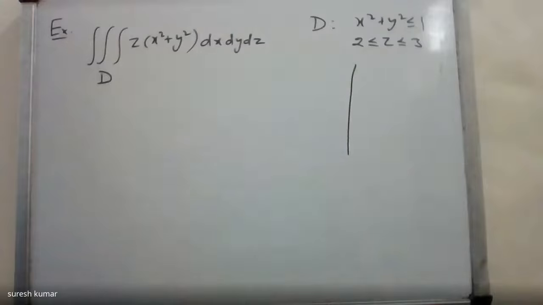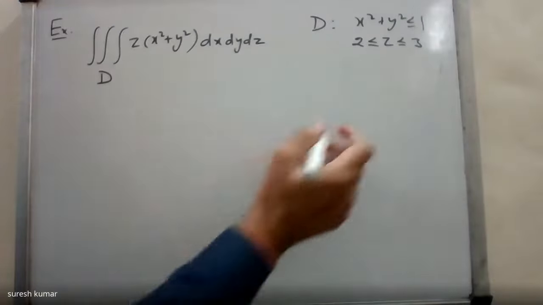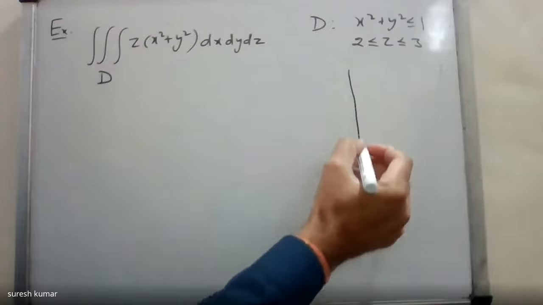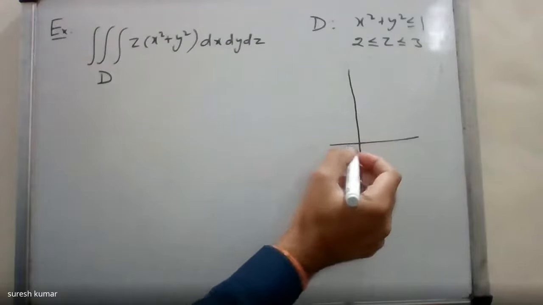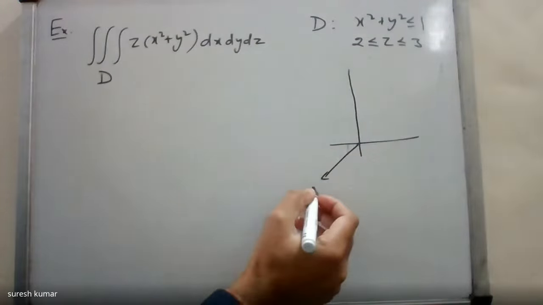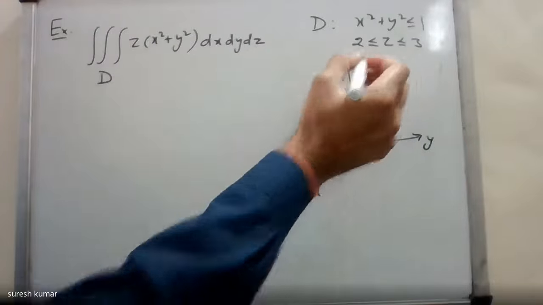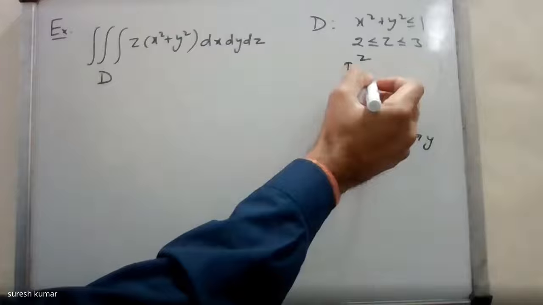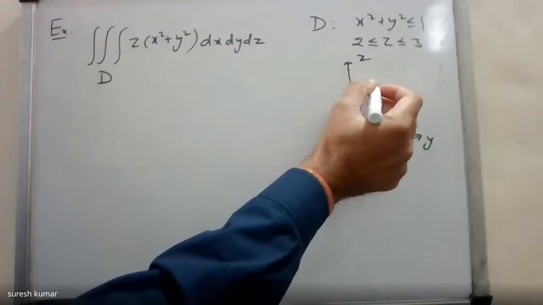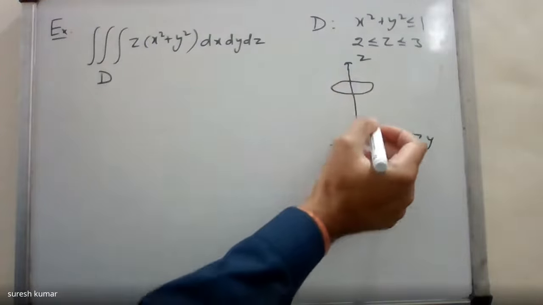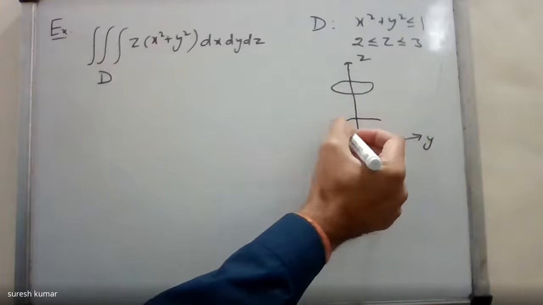So if you draw this region, make a vertical line. If you draw this region, what do you get? x-axis, y-axis, z-axis. It is an infinite cylinder but cut off by two planes, z equal to 2 and z equal to 3.